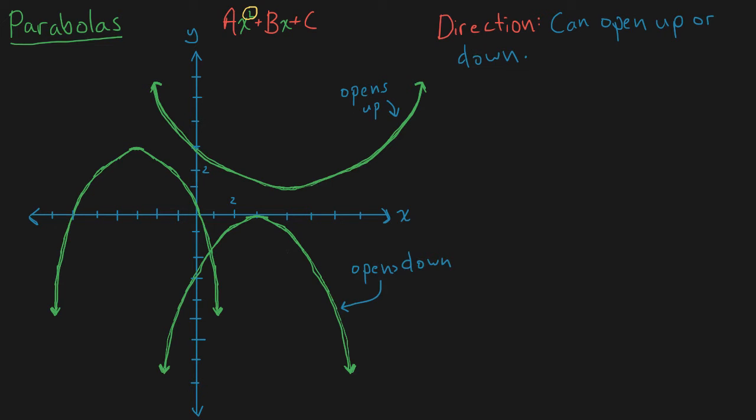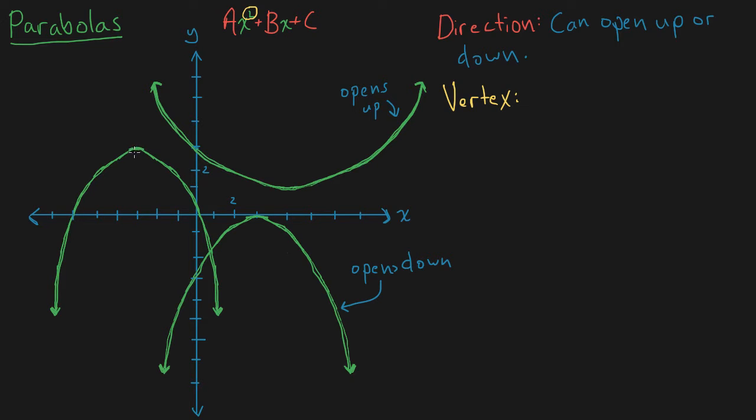Okay, the next thing that we can talk about with parabolas is that parabolas have a vertex. Every parabola has a vertex. Looking at the parabolas we have here, I'm going to put points where the vertices are. The vertex is either the highest or lowest point on a parabola, depending on whether the parabola opens up or down.